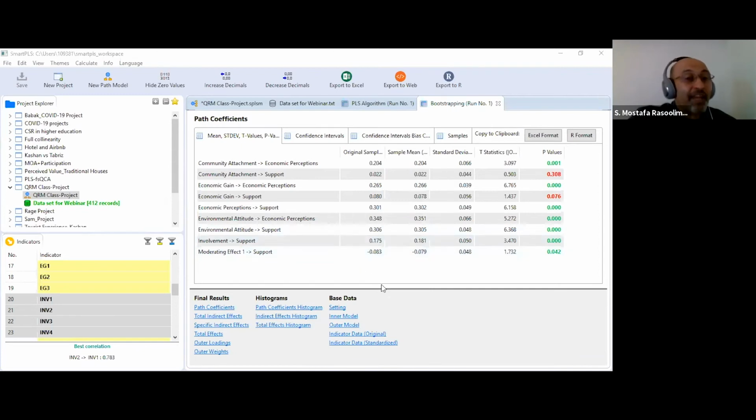A negative effect means the effect of perception on support is lower, is weaker, for a high level of the moderator, for a high level of involvement.